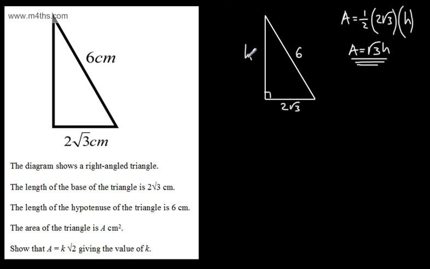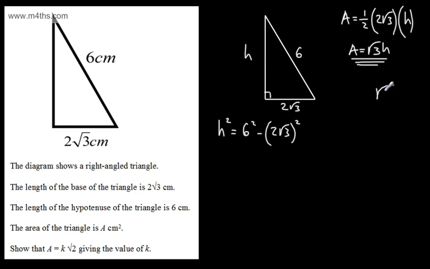We can use Pythagoras theorem to find the missing length right here. So this is one of the shorter sides, so we can say that h squared will be equal to the hypotenuse squared minus the other shorter side squared. If we just look at this quantity, 2 root 3 squared, we could either square the 2, which would give us 4, and square the root 3, which would give us 3, or we could look at this as an unsimplified surd.